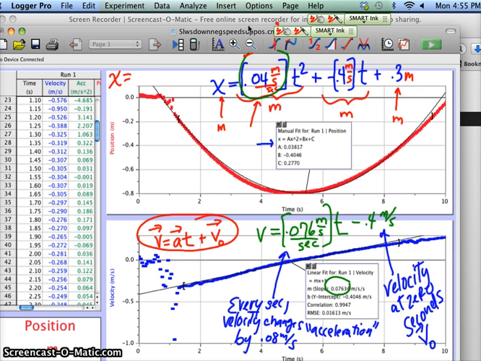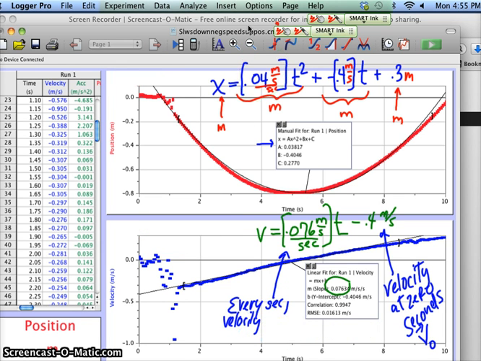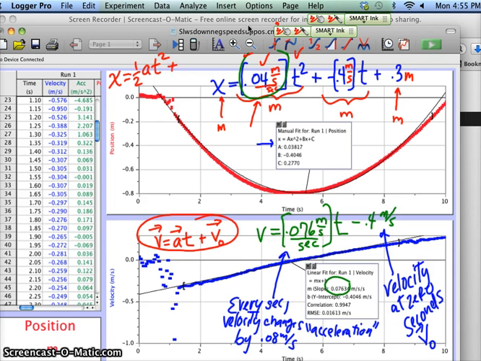Position equals 1/2 our acceleration times time squared. That takes care of this term. Plus, and from down here, you see that the 0.4 meters per second is our initial velocity. That's got to be multiplied times time. Plus, the 0.3 meters, this is measured in meters, it's our initial position. So it's our position at 0 seconds.